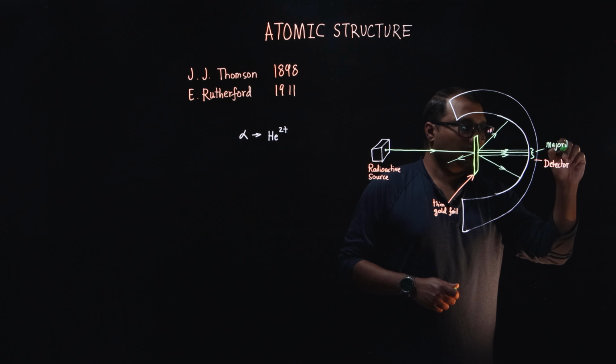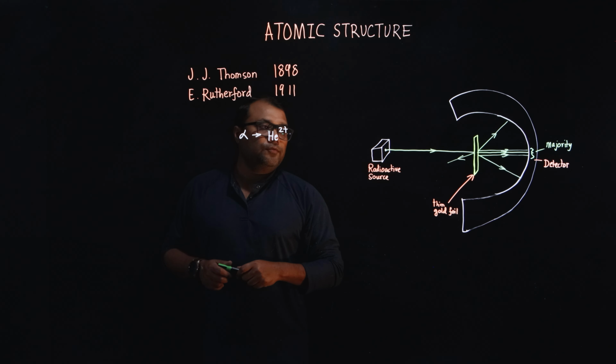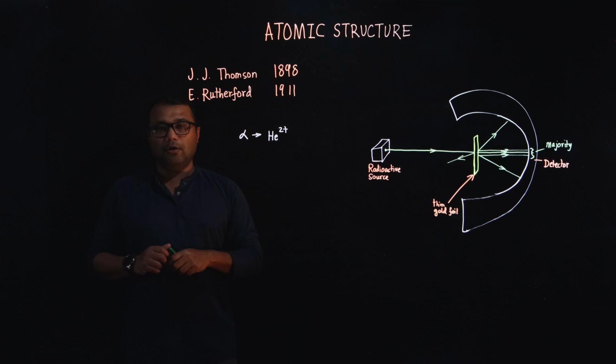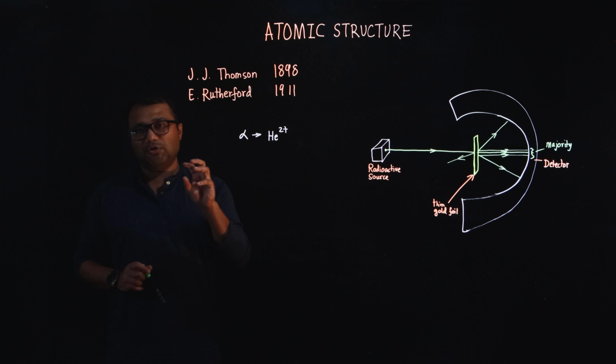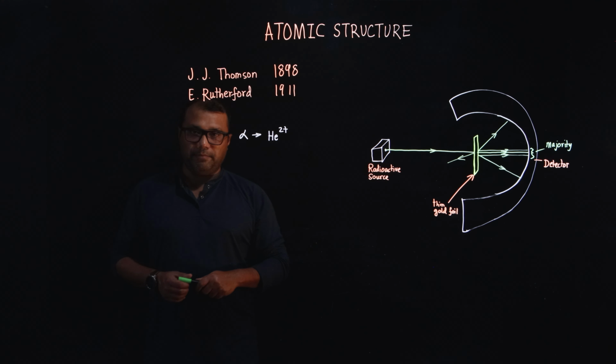Okay, so from this model then, it appeared that Thomson's model of a spherical atom which has uniform mass all across with electrons embedded in a positively charged spherical atom, that didn't quite agree with this experiment.